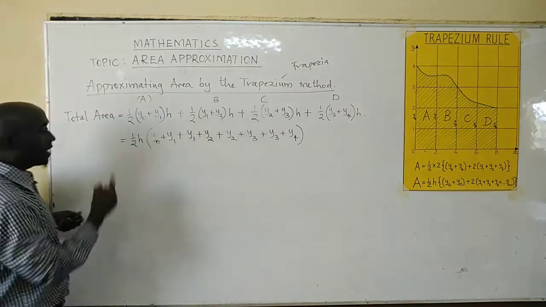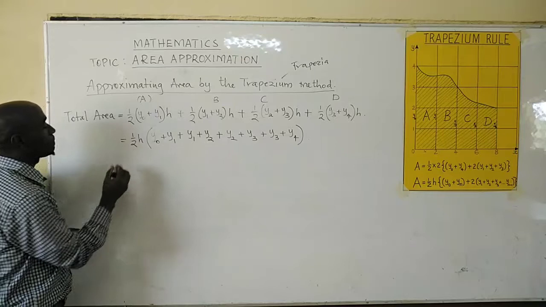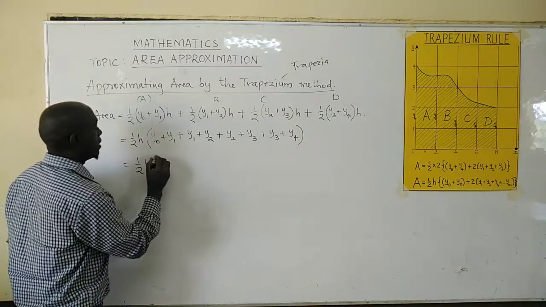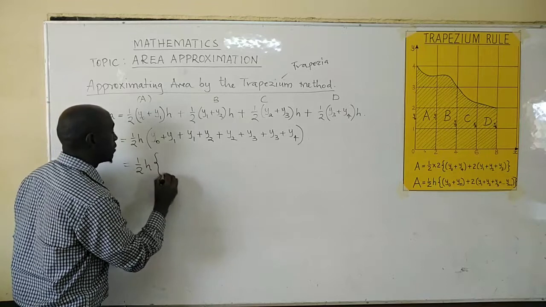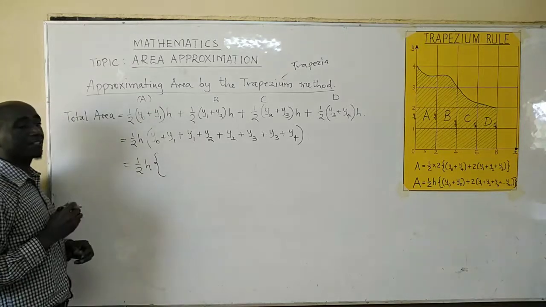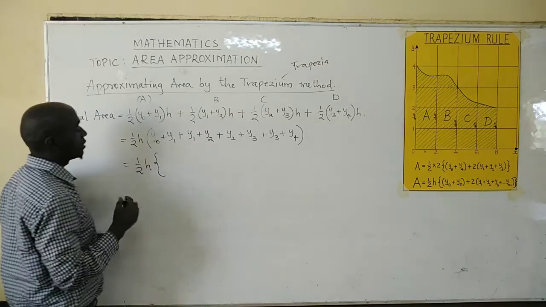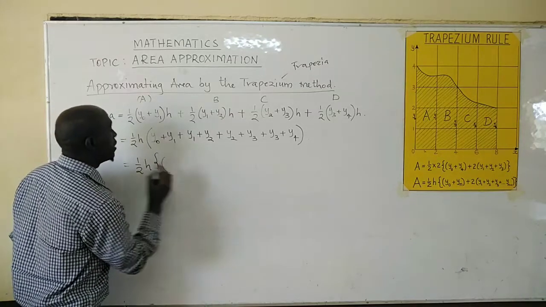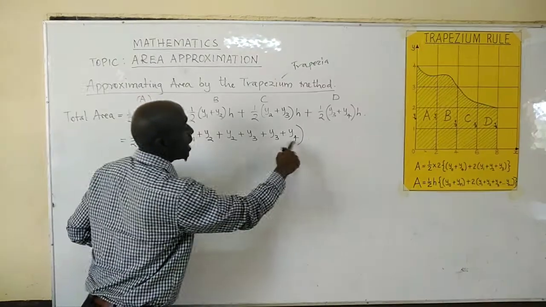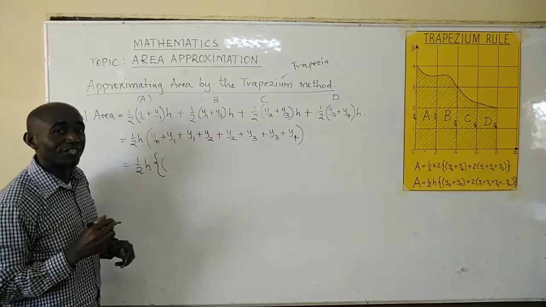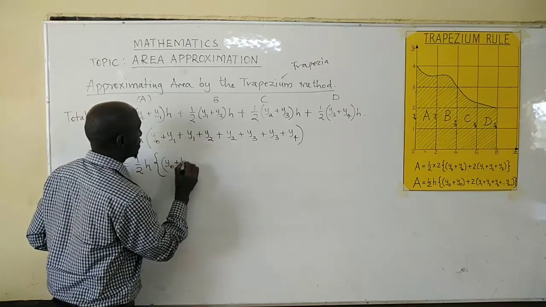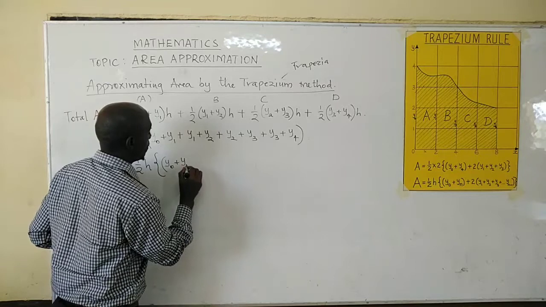So we can simplify this and write it as a half h, open an outer bracket. We are going to use two different brackets now. That's why I'm using a different shape. Open an outer bracket, then an inner bracket. The first inner bracket is for these two, y0 and y4, because they are not repeated: y0 plus y4.